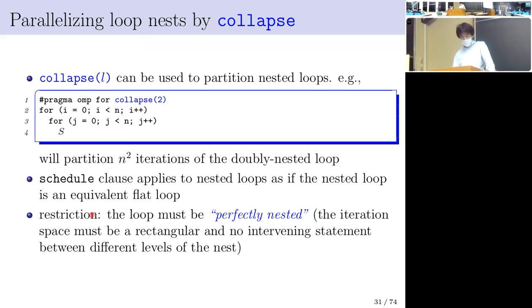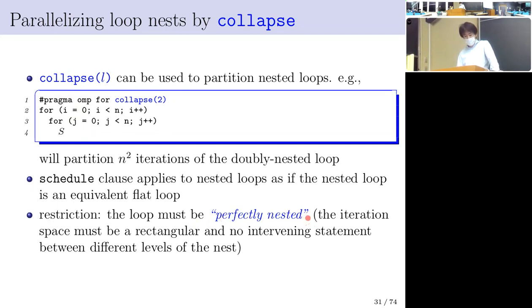And again, there's a very severe, strict syntax restriction. When you want to divide the work of, for example, a doubly nested loop, the loop must be a so-called perfectly nested loop.